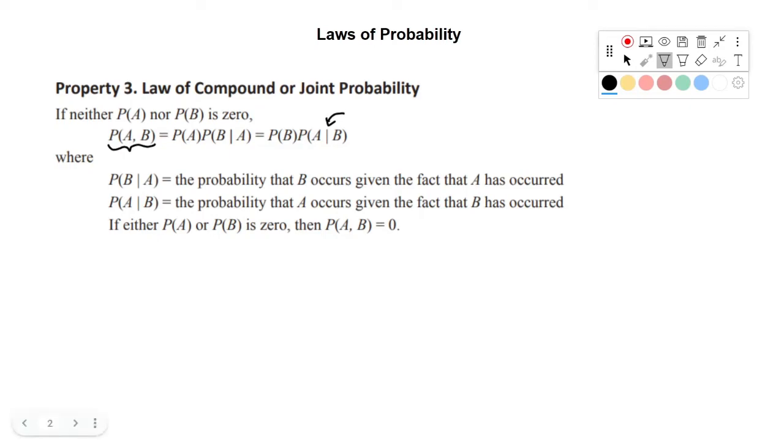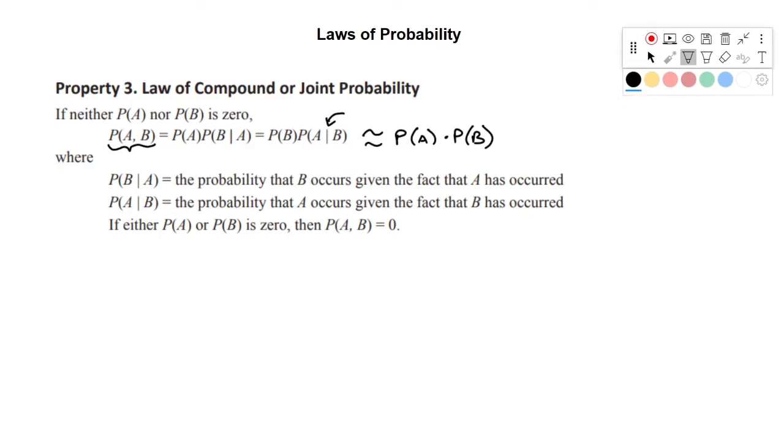So the probability that two events have both occurred is the probability of the first event multiplied, we're not doing addition now, multiplied by the probability of the second event, probability of B, given that A has occurred. So again, you could have discrete events here, and B could not be dependent on A, in which case this would simplify to just the probability of A times the probability of B.